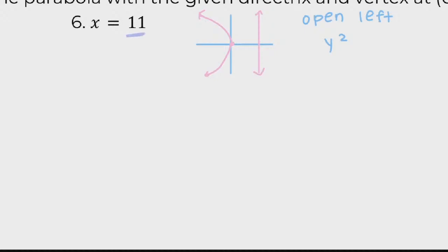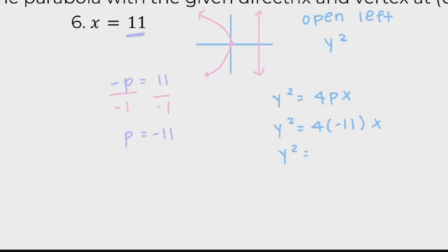Again, this number is going to be negative p. So negative p equals 11. And then we can divide by negative 1. And we'll get p equals negative 11. And now we're going to plug it into the y-squared equation. So y squared equals 4px. And we're going to plug in negative 11 for p. So y squared equals negative 44x. Hold on, let me write that step. So 4 times negative 11x, so that means y squared equals negative 44x.